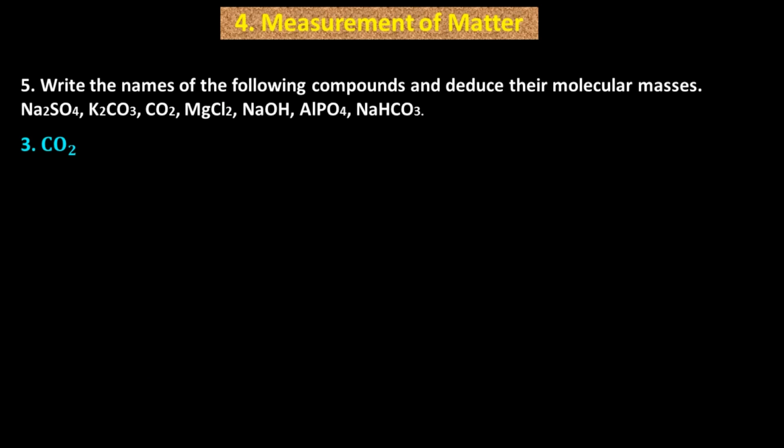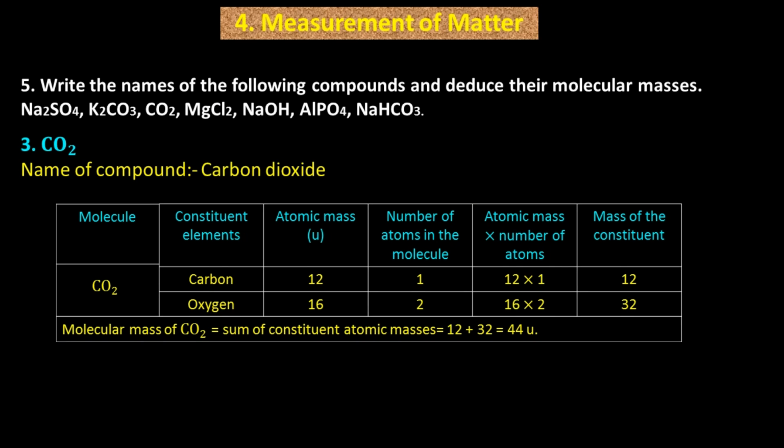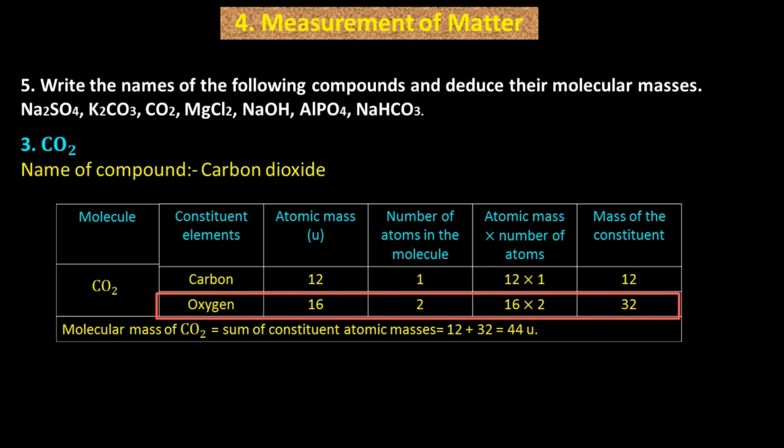Now, CO2 means carbon dioxide. Name of the compound is carbon dioxide. Molecular formula CO2. Carbon, atomic mass 12. The number of atoms in it are 1. Therefore, 12 multiplied by 1 is equal to 12. Now, oxygen, atomic mass 16.